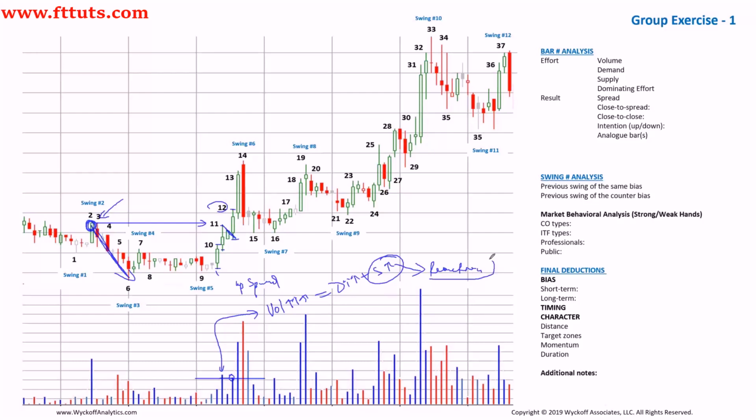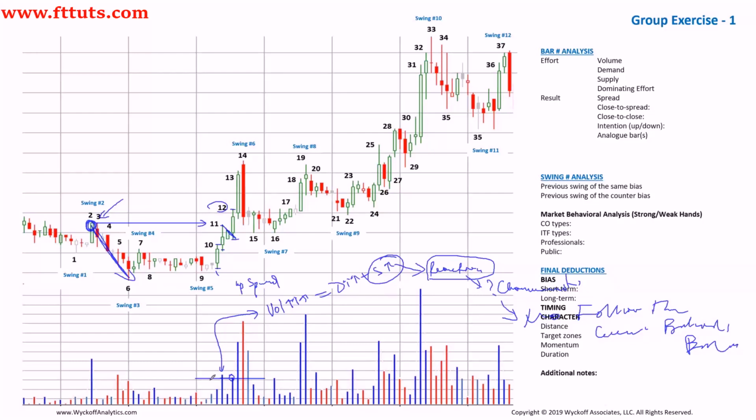And see how logical everything is. It makes a lot of sense that at this spot where supply is emerging, there is a reaction, and then we need to understand the character of this reaction. And we see that there is no follow through to the downside. So that confirms the bullish bias, and confirms continuation to the upside, which is bar number 12.